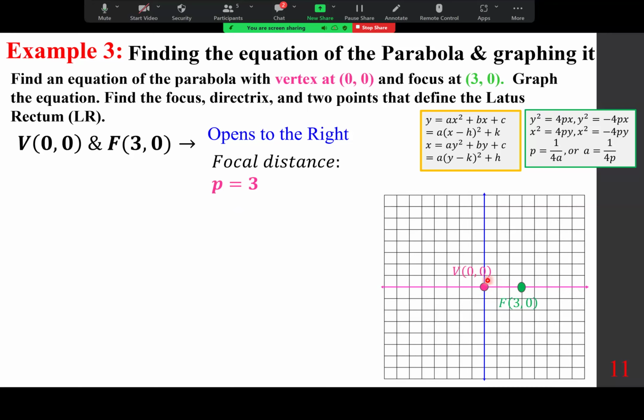So if the distance is 3, for the directrix, this distance must also be 3, which gives us the line x equals -3. So this one is the directrix.